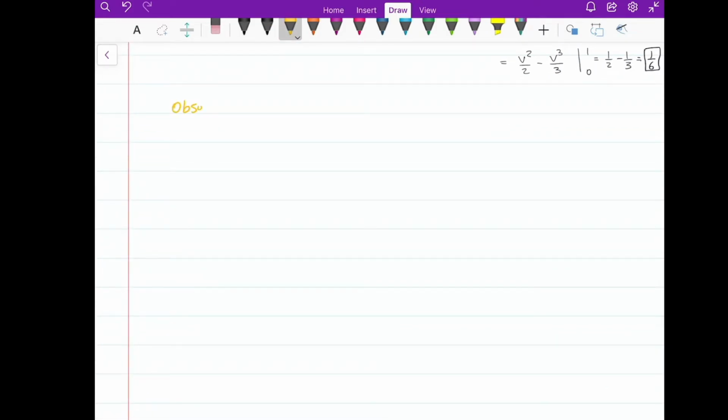The observation is this: after I transform the integral like this, to find the bounds for the inner integral, u varies and v is constant, because we are integrating with respect to u.